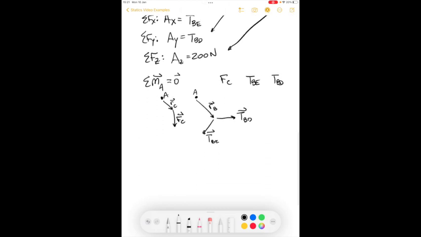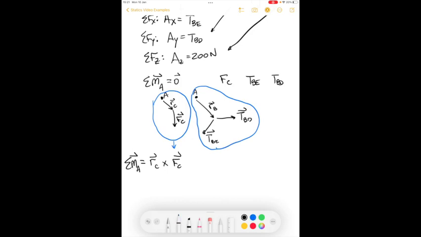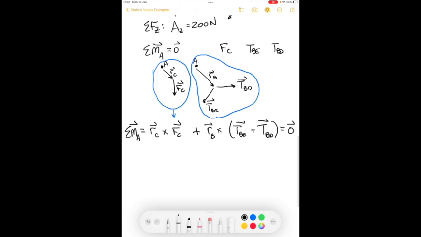So I won't solve all the way to the end, but I'll show you that you can use the cross products to solve for the moments. So we know that RC crossed with FC, that's this, and these two cross products, RB crossed with, and we can just sum them, TBE plus TBD, is equal to 0.